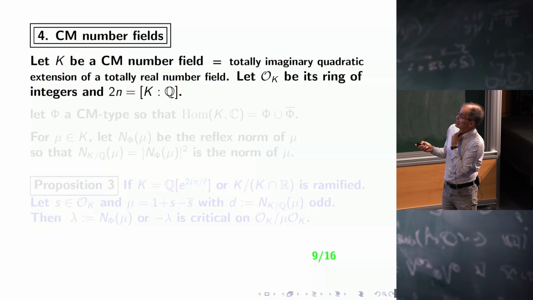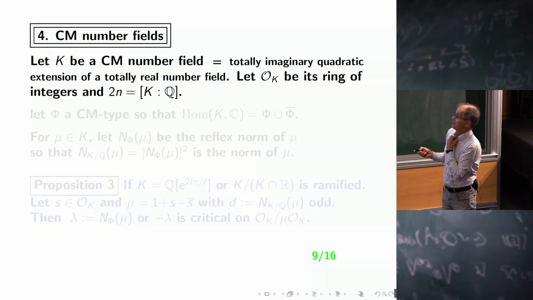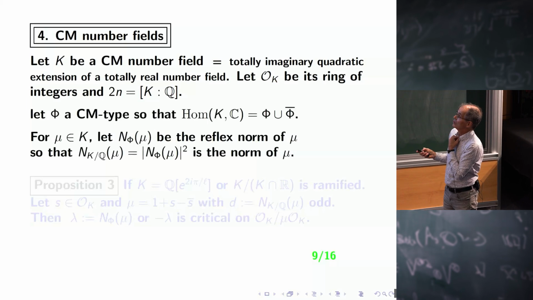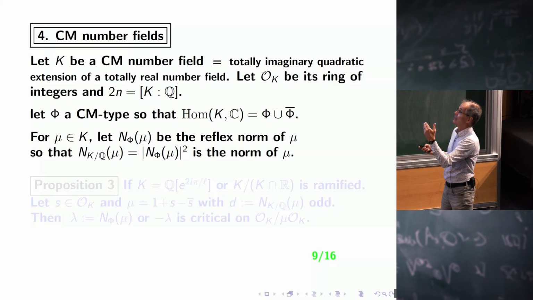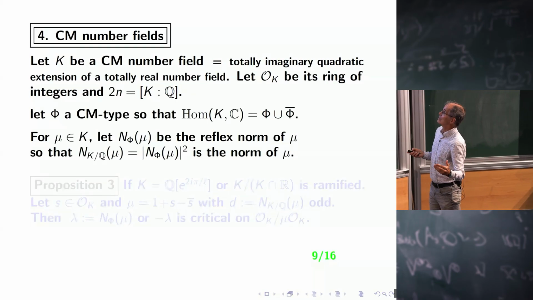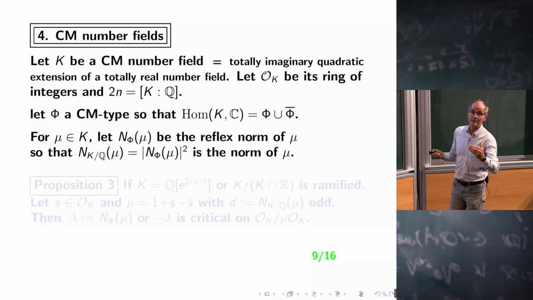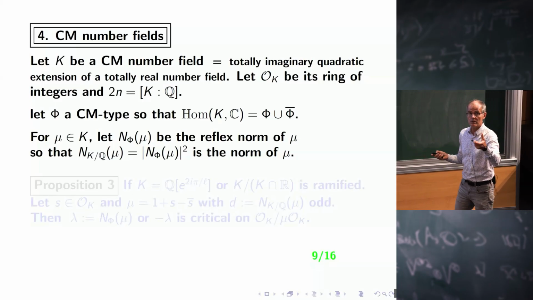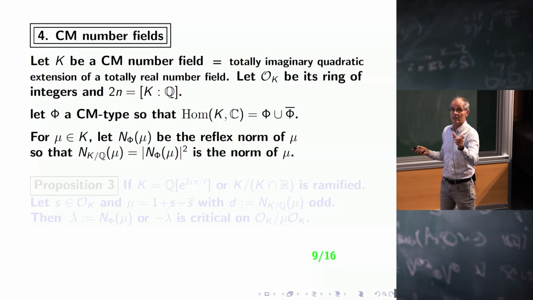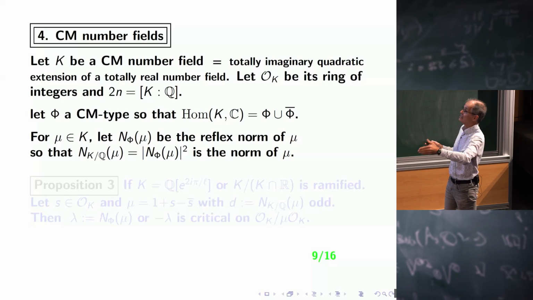The degree of this extension is 2n, and I also choose a CM type, which means that since it's a number field of degree 2n, it has 2n embeddings into C, but they come in pairs of conjugates, so I choose one in each pair, and this is called the CM type.